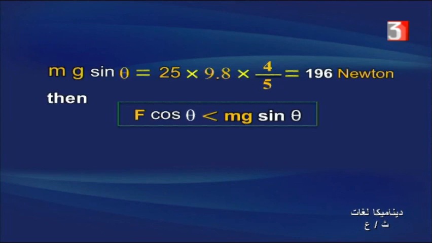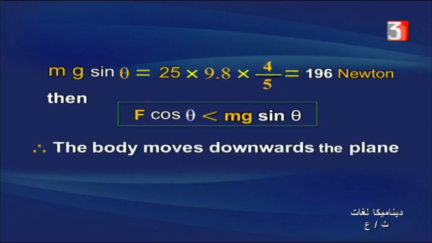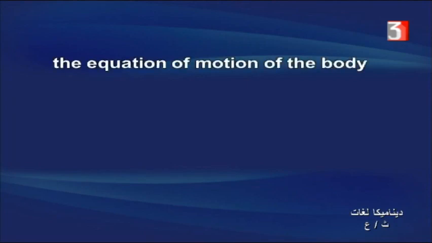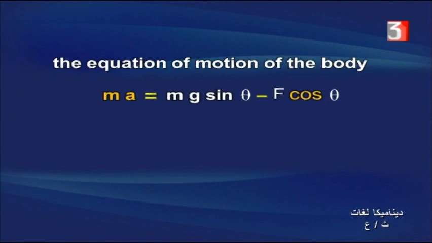Since F cosine theta is smaller than mg sine theta, the body moves downward the plane with a uniform acceleration a. Now we can write the equation of motion of the body. ma equals mg sine theta minus F cosine theta.